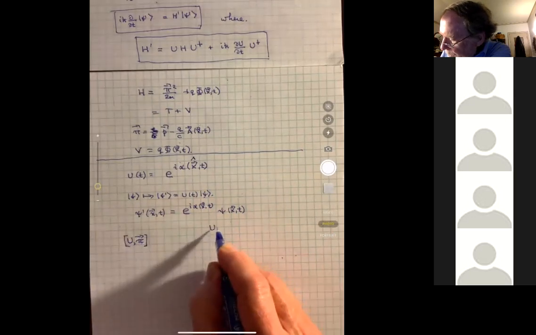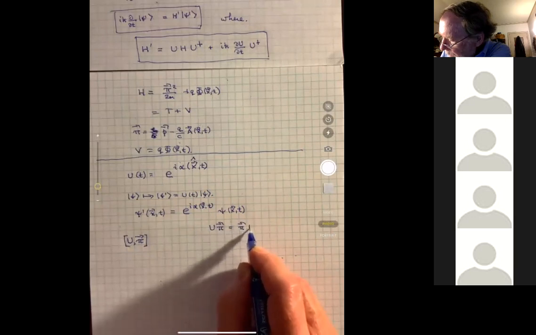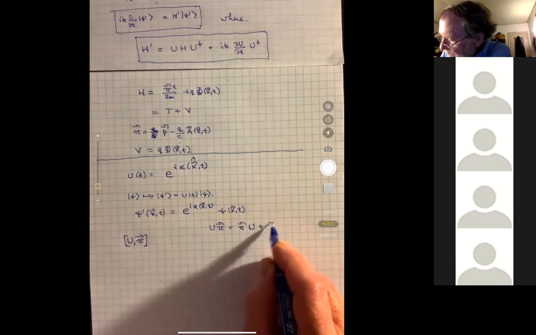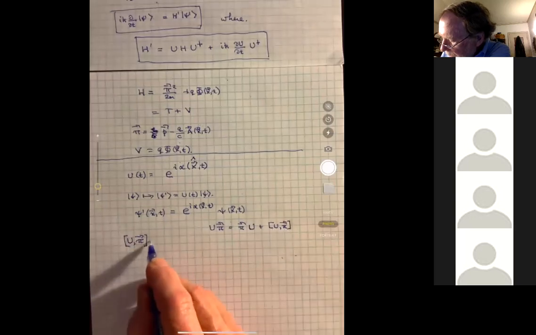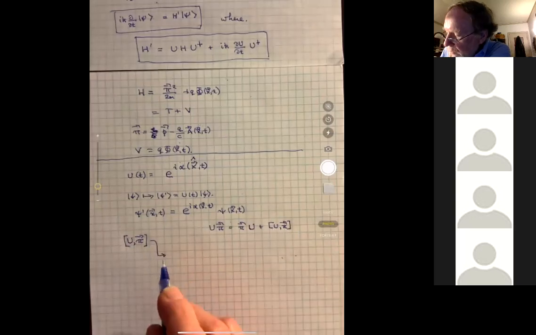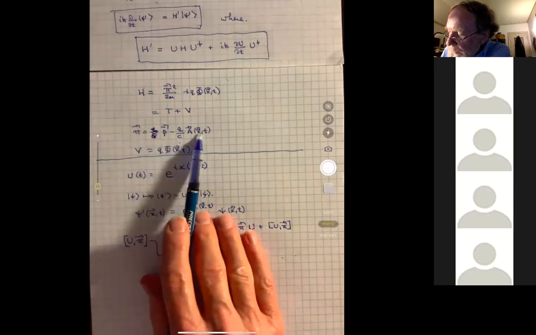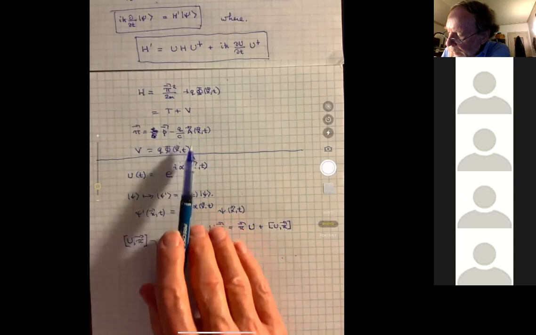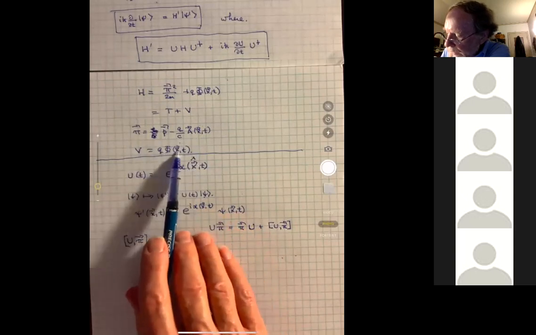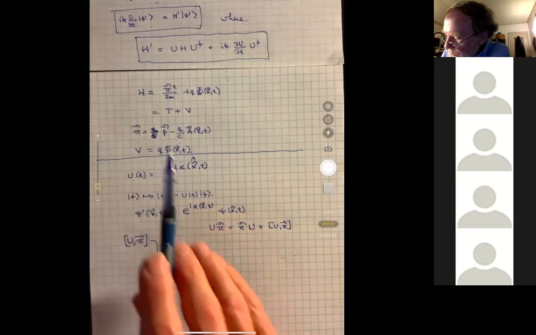U times pi is equal to pi times U plus the commutator of U with pi. So let's work out this commutator here. Well, pi has got a momentum part and a part with a vector potential that depends on position, but U is a function only of position, so it commutes with any function of position, namely A. By the way, it also commutes with phi. What U does not commute with is the momentum p.